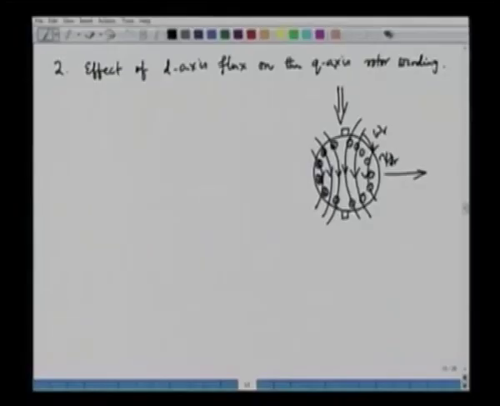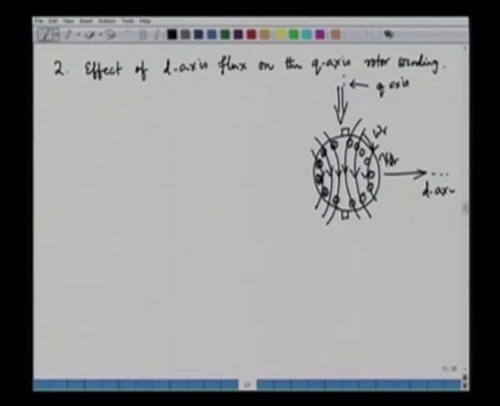If you see the resultant direction of the flux linkage, it will be downwards, towards the center of the circle, because this is our d axis. The d axis is in this direction and the q axis is in this direction. This is our q axis. So if I see in terms of the q axis, the flux is entering the center of the circle. It is not outward, but it is inward. So it's a negative flux linkage.